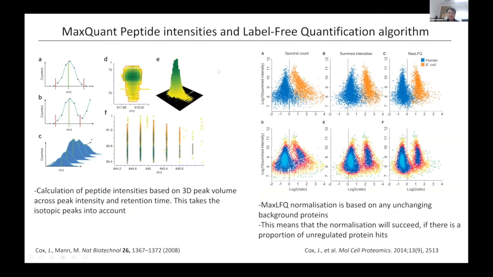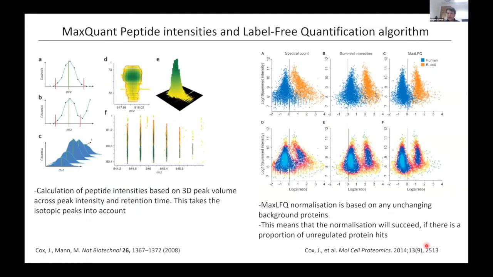So, MaxQuant in 2014 introduced this label-free quantification algorithm. And the philosophy of that approach really was to say, if we're comparing complex samples, we very often will have a situation where there is a large number of unchanging proteins, and they will generate peptides that will have very similar levels of intensity.